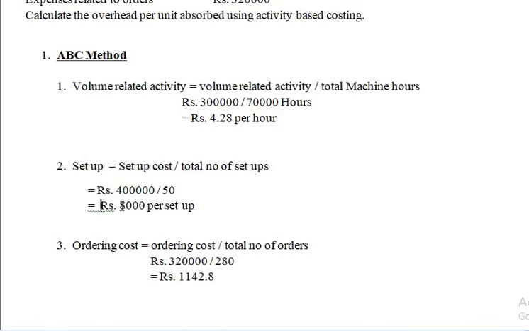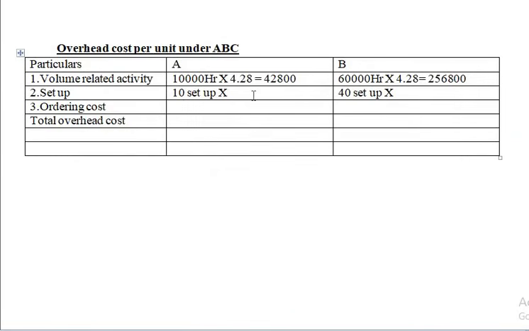The cost per setup is 8,000 per setup. So multiplied by rupees 8,000, you will get for product A 80,000 and for product B 3,20,000. Now the second activity is also over.